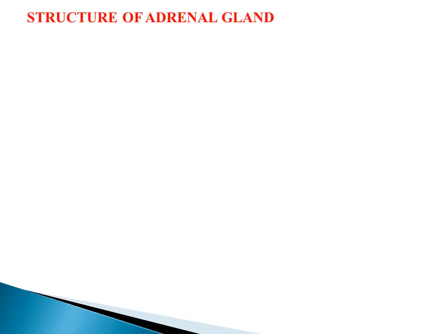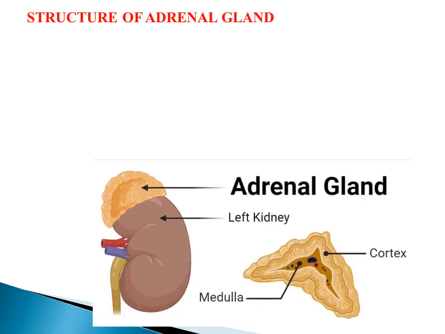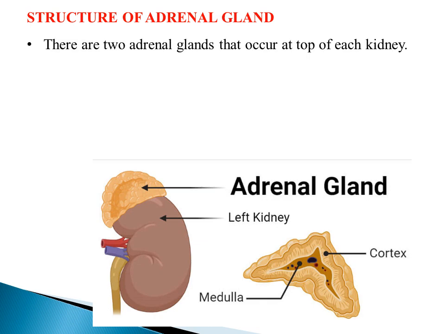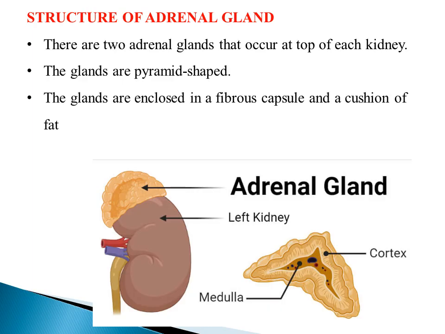Next is the structure of adrenal gland. The adrenal gland looks like a triangular shaped gland. There are two adrenal glands which are located at the top of the kidney. They look like a pyramid, a pyramid shaped gland. And these glands are enclosed in a fibrous capsule and a cushion of fat. Even though they are small in size, they are vital for survival.